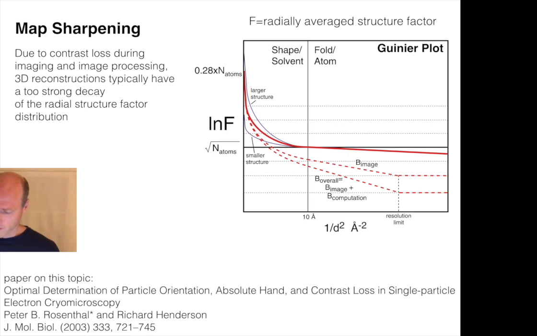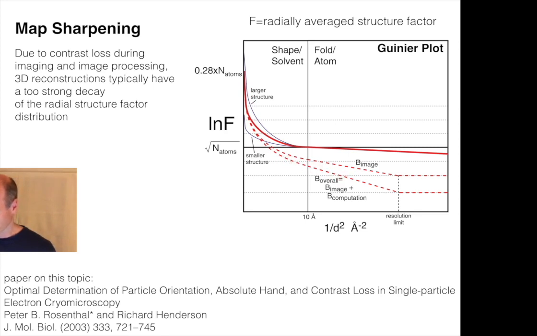This is shown in this picture here, which is modified from this publication. It shows the Guinier plot, which is the logarithm of your radially averaged structure factor, and the typical decay that you're seeing looks like this.